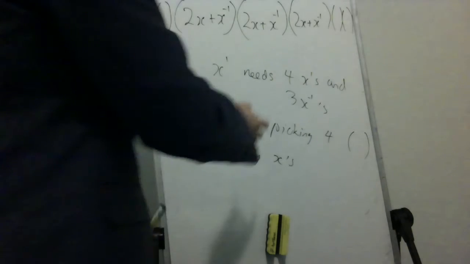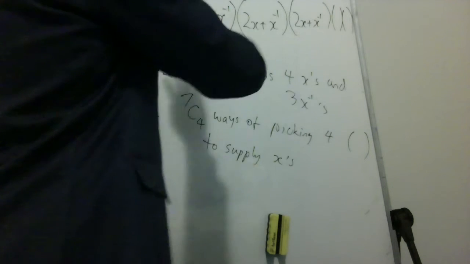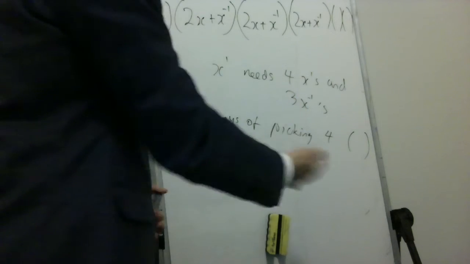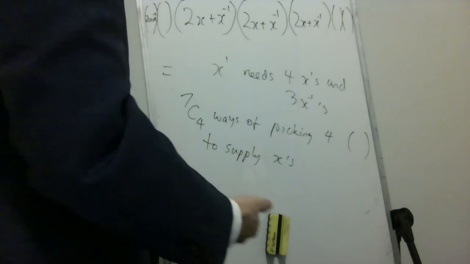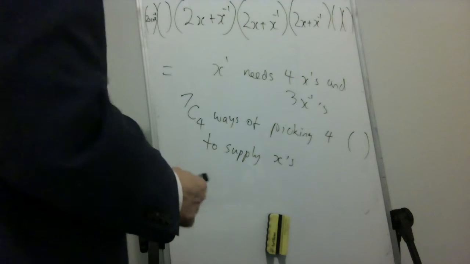And therefore, once you pick which brackets to supply the x, the other ones all have to supply the x inverse for it to work. Then you have no more choices. That makes sense? Yeah.